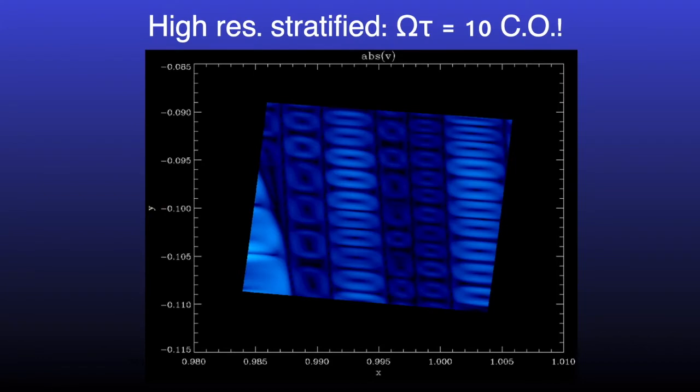The typical mode of this convective overstability is to have these slender convection cells. What I'm plotting here is just the velocities; you can see this as streamlines. But the pattern in which these convective cells are ordered is given by the vertical shear instability. That's really funny, so there must be some interaction between convective overstable modes and vertical shear modes.